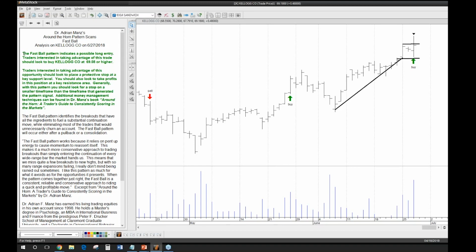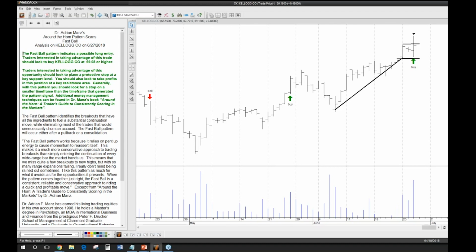You should look to place a protective stop at a key support level. You should also look to take profits in this position at a key resistance area. So it gives you the whole game plan for how to take the Fastball trade, but also any of the patterns that we've coded. What we coded from the book were all of the single day patterns, or all of the multiple day patterns that worked really well for scanning.